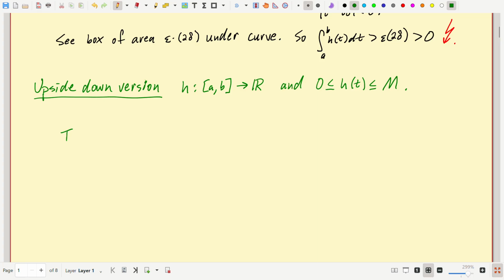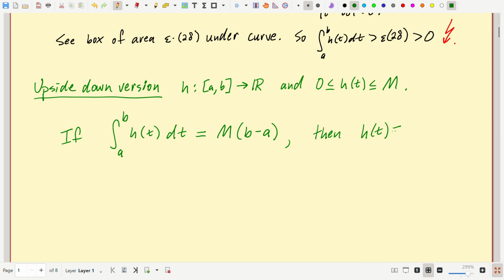Then if that integral is as big as it can possibly be, so if I integrate that function from a to b, and if I actually get the biggest it can possibly be, which is m times b minus a, then h of t is identically equal to that max.